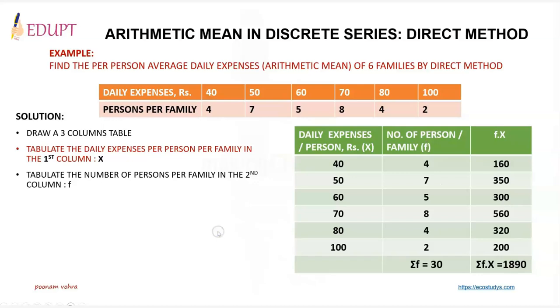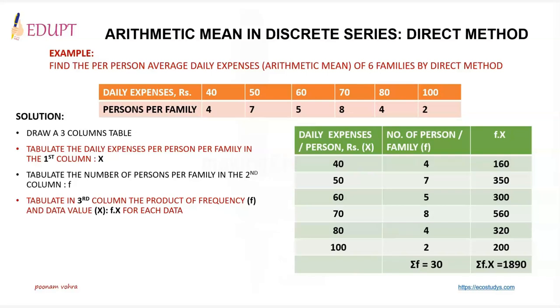Then next is to tabulate in the third column Fx, that is values of variable X, 40, multiplied by frequency, which is 4, it is 160. Similarly, for the next value, 50 into 7, 350, and find out in the similar manner for the rest of the values.